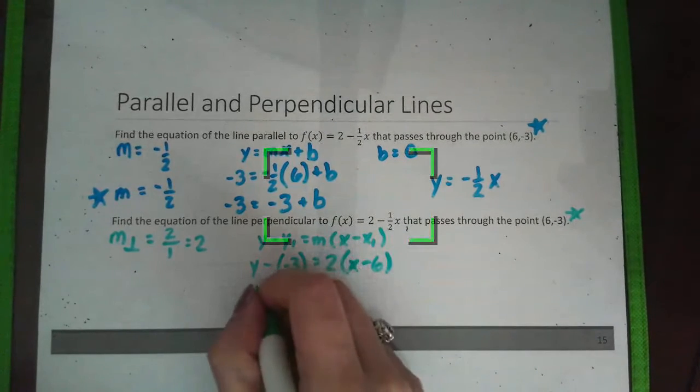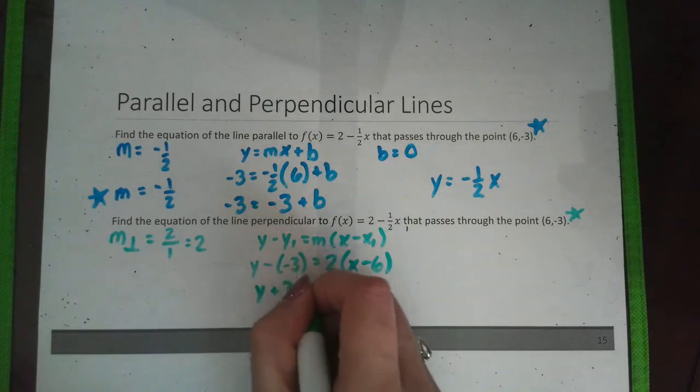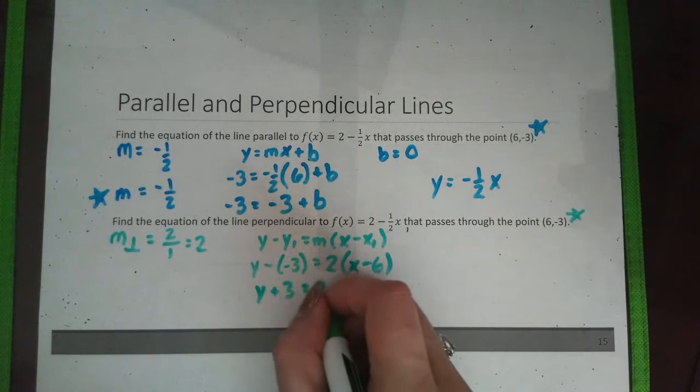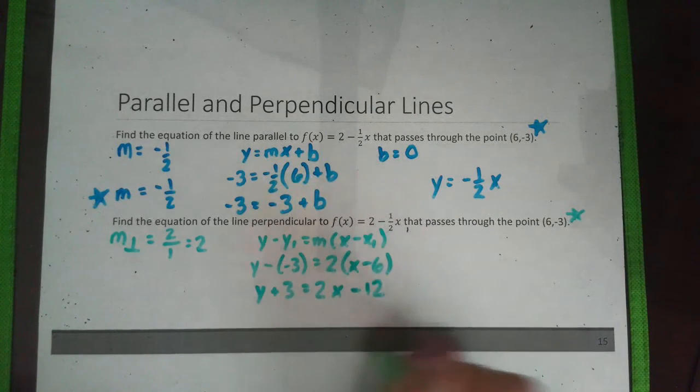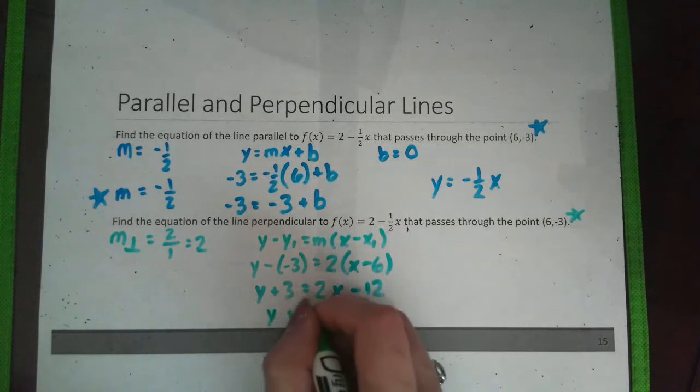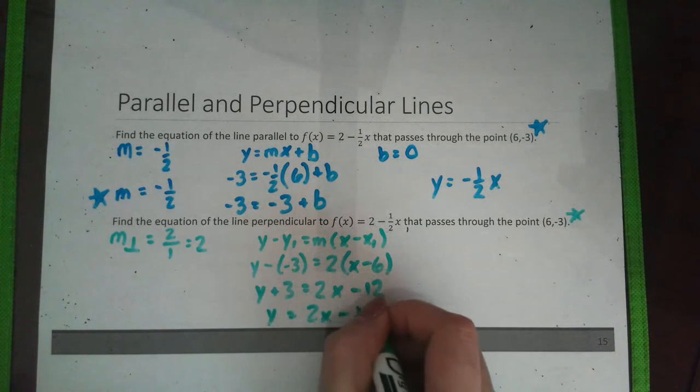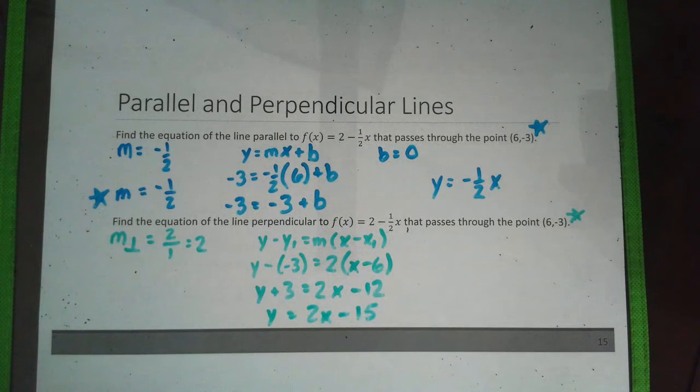So y minus a -3 simplifies into y plus 3. If I distribute the 2 through the parentheses, I get 2x minus 12. And if I subtract the 3 over, I get y equals 2x minus 15. This line is perpendicular to the original, but it also goes through the point that they asked us to.